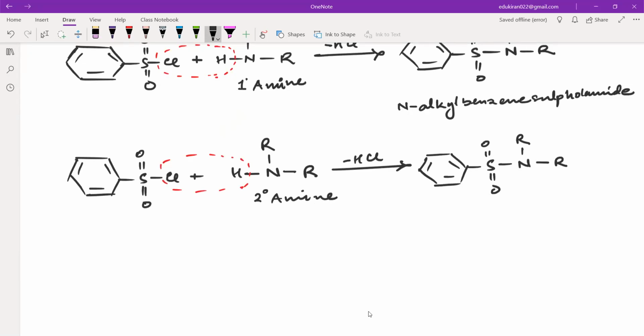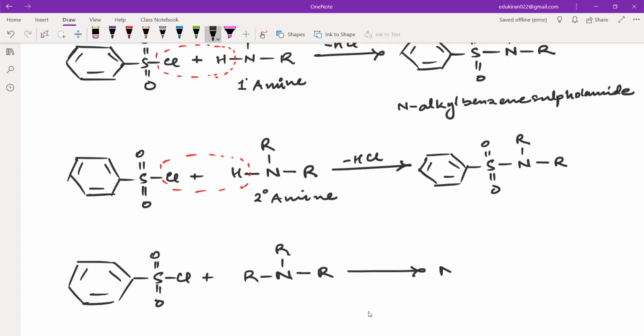But when you have the aryl sulfonyl chloride, that is the Hinsberg reagent, and you react this with any 3 degree amine, R, nitrogen, R, and R, it gives no reaction. Why?